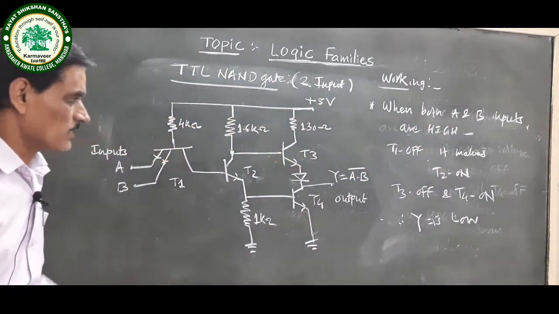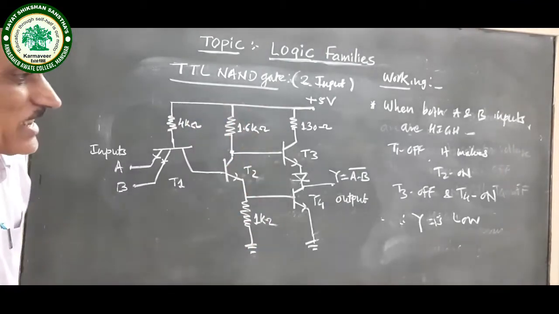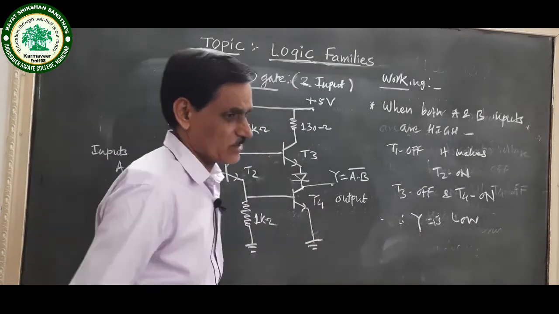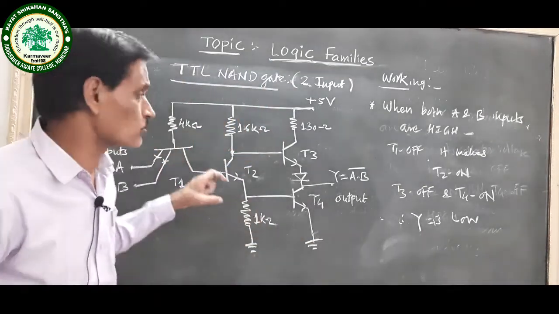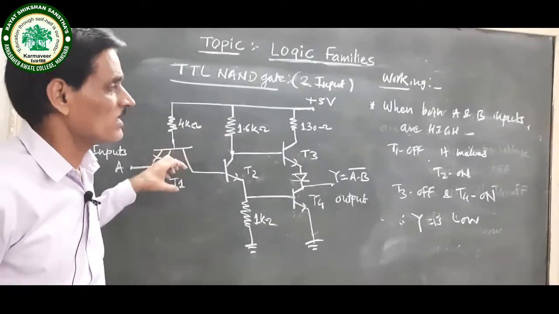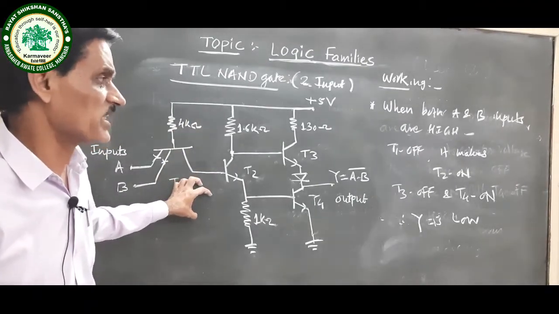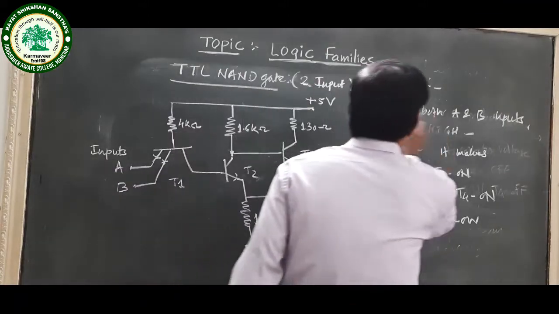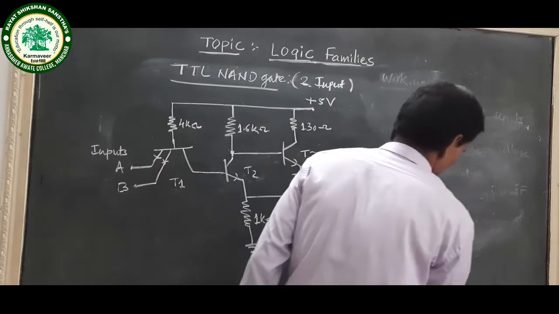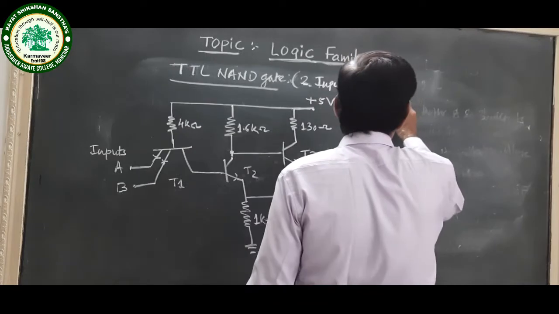In this way, you can explain the operation of the TTL NAND gate very easily. I think there is no need to repeat each and every thing. Students should be able to draw the circuit diagram of the standard two input TTL NAND gate, describe it in brief, and explain its working. The working can be summarized in the form of a truth table, and you already know the truth table of this particular gate.